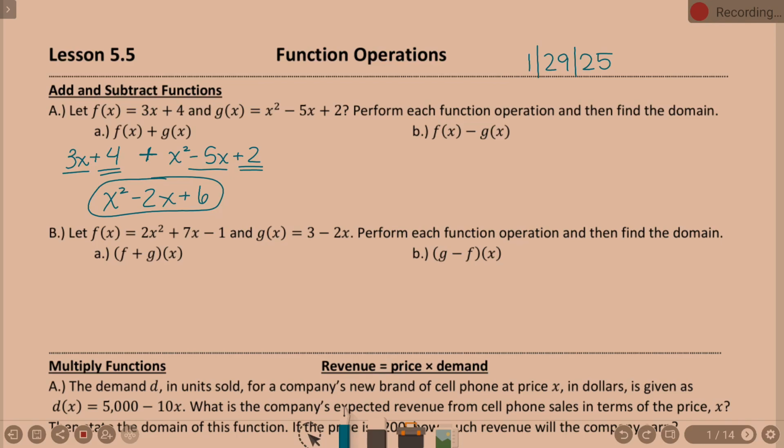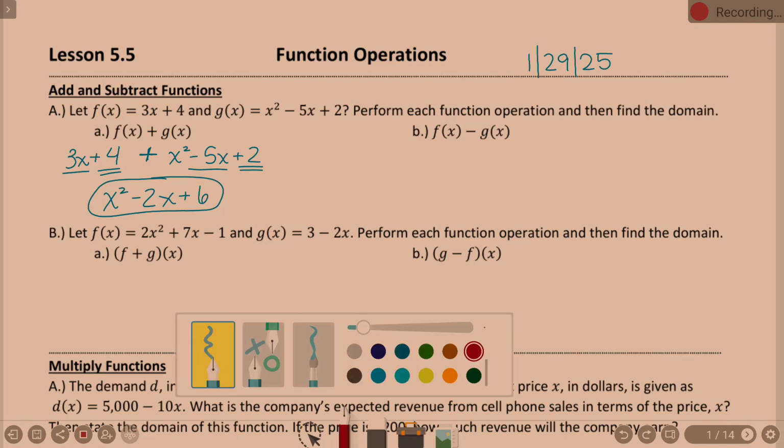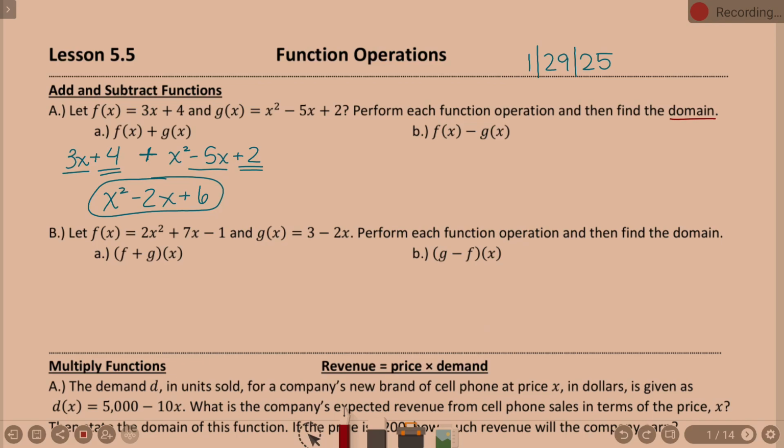Now, we can't forget, they did ask us to cover domain. Domain on these isn't going to be too bad. Think in terms of f, first of all. F of x is 3x plus 4.